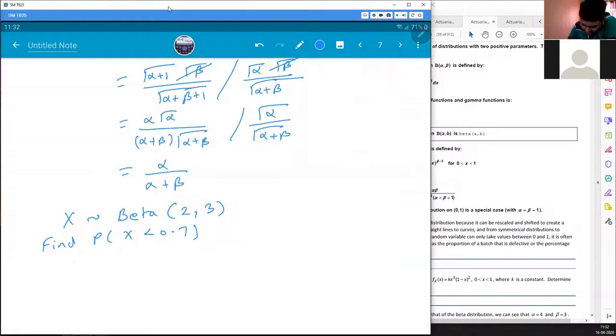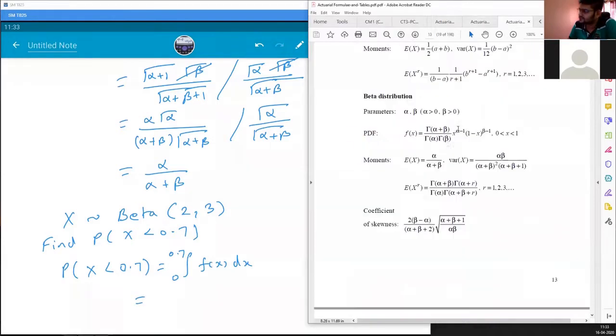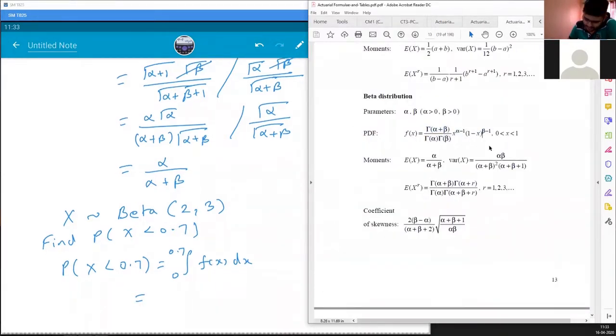So according to that, if we need to find probability, we'll have to basically integrate. So probability x less than 0.7 will be equal to integration from 0 to 0.7 of f of x dx. F of x of beta distribution we'll see from our table book. You don't need to remember it.